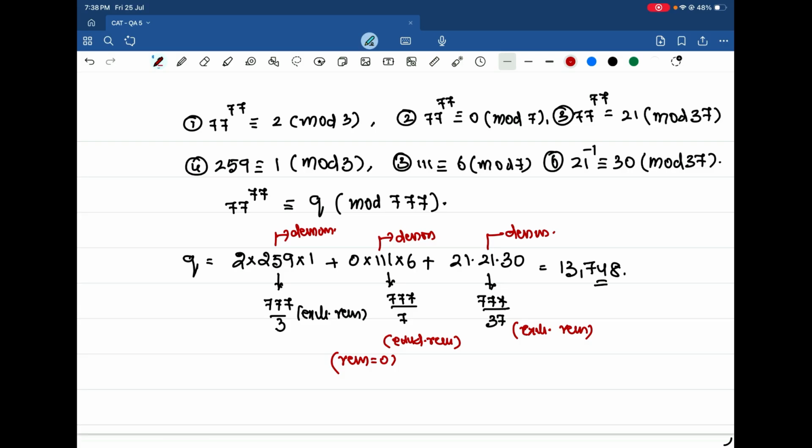The first value is pertaining to the numerator. What is the numerator equation in this? Remainder is 2. It is the remainder in the numerator.